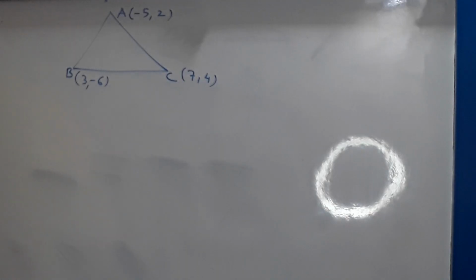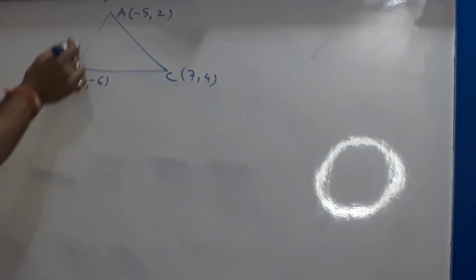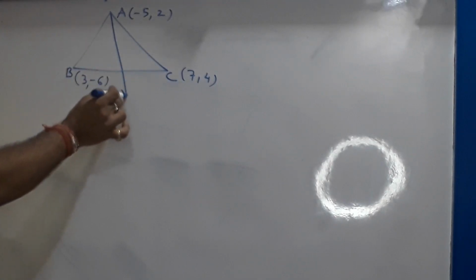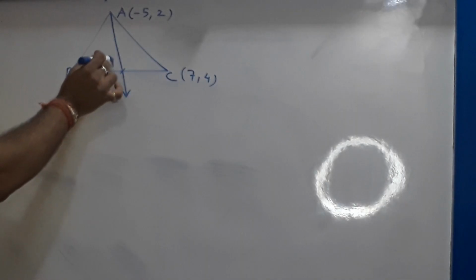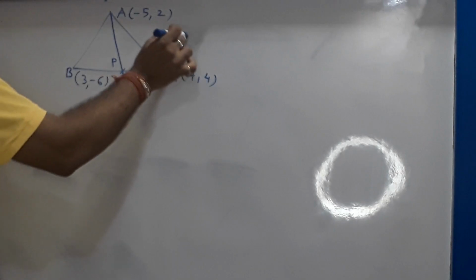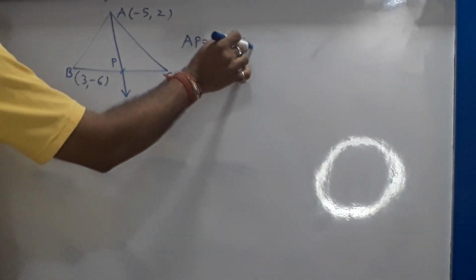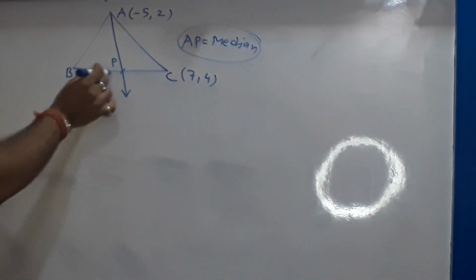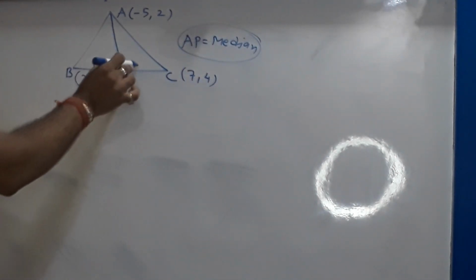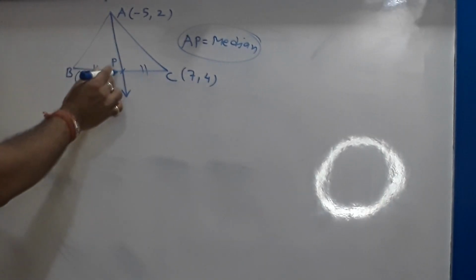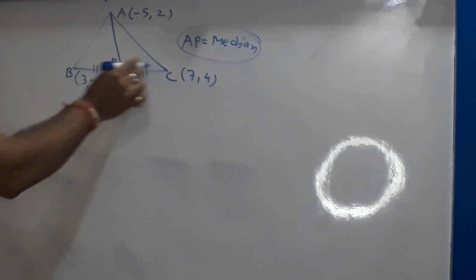Then from vertex A, the median is AP. AP is a median. So if AP is a median, then P divides BC equally. AP is a median means P is a midpoint of BC.